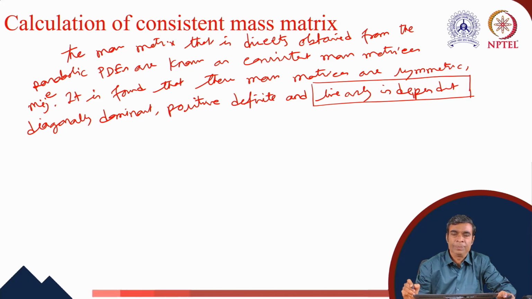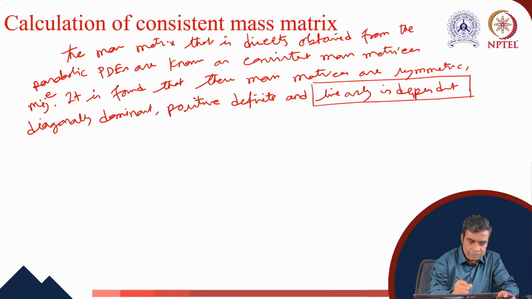We have shown that the stiffness matrices KIJE obtained from the elliptic partial differential equations are always linearly dependent. So this marks a fundamental difference where in consistent mass matrices we do not have any expression for derivatives of shape functions. Rather, we have the expressions for product of shape functions themselves.